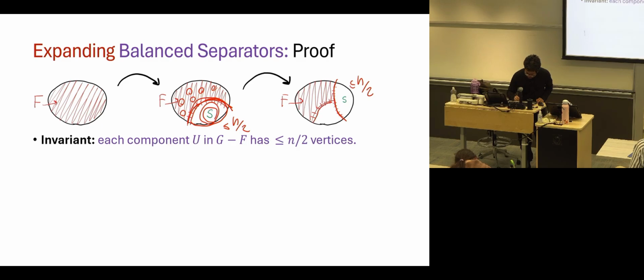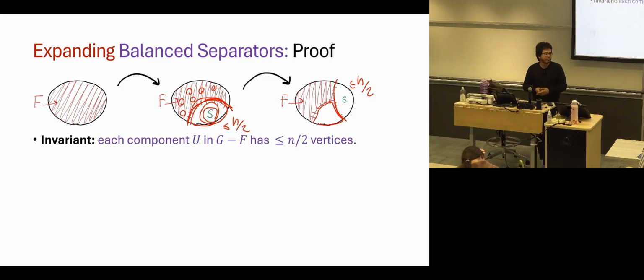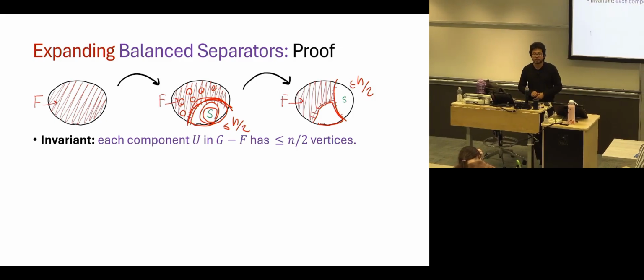And look at this one. This one shrinks. It only shrinks. So every component only shrinks except the new one, which has size at most half. Good. So the second, to be a balanced separator, you have it.